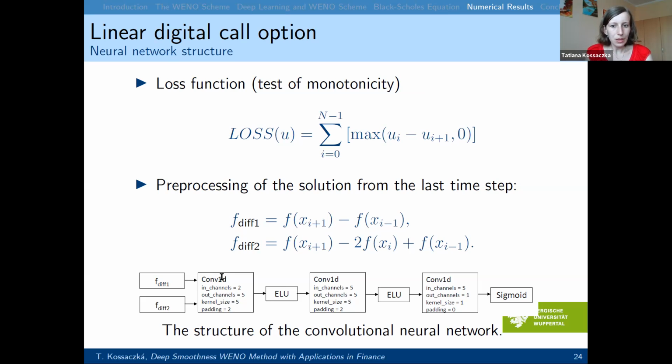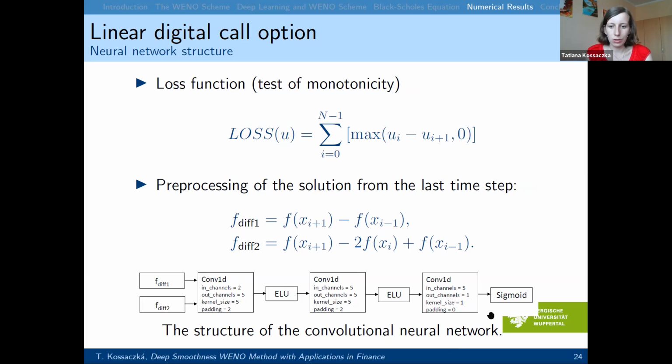What I would also like to say is that our neural network is rather small, just to save time, because we don't want to use a big neural network.